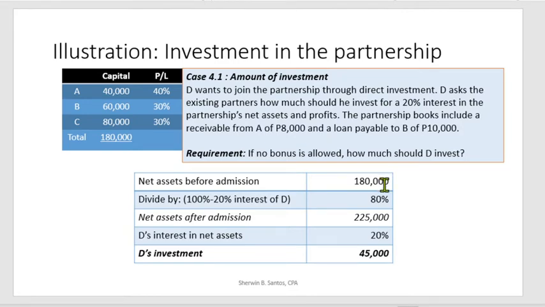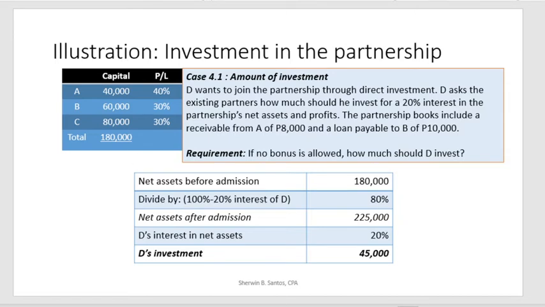Kumbaga, ini-squeeze mo yung figure. So, 180 divided by 80% is 225,000. So, nagets mo kung bakit 80%? Because 100 minus the 20% interest na gusto ni D. Therefore, 225,000 ang net assets after admission.